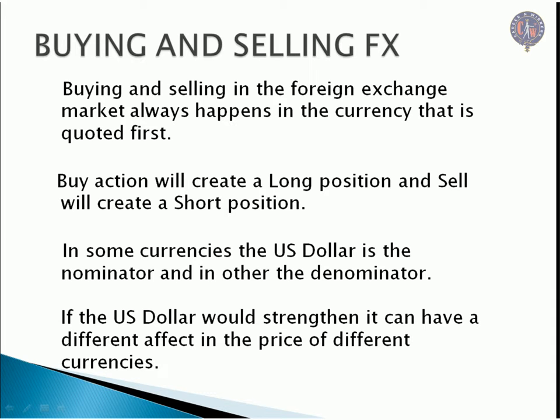If the US dollar strengthens against both currencies, Euro USD will be 1.2900, which is down, and USD CHF will be 1.6700, which is up. The two important terms to remember are rise and correction. Rise means upward price movement and correction means downward price movement.